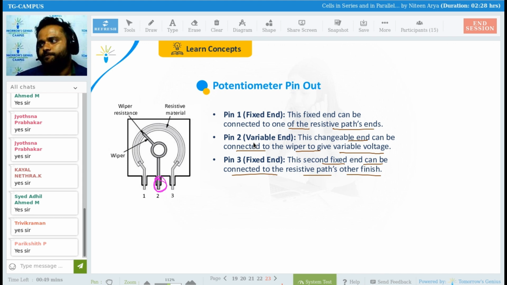For example, in an electrical fan we have a remote or controller. At fifth you're going to run this fan fast, then 4, 3, 2, 1. 1 is very slow, 2 is a little bit higher, 3 more, 4 more. Suppose at 1 the wiper gives very low voltage, at 2 a little bit more, at 3 more, at 4 more, at 5th very high voltage.